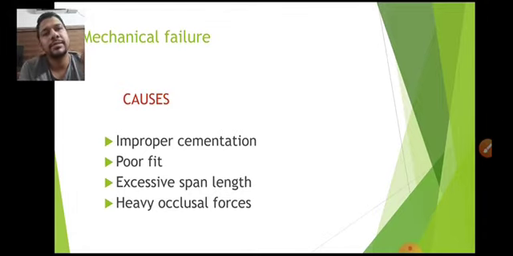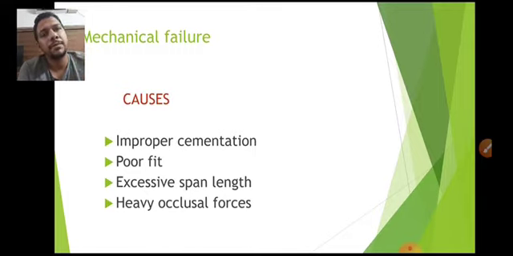In that case, that FPD will remain seated in the patient's mouth for a longer time with a slight deflection. So in such cases, you are supposed to use an explorer below the pontic area and try to pull that FPD out. When you pull that FPD, as the cement has already failed on one end, it will come out a bit, but it will not come out fully as the other end is firmly cemented.